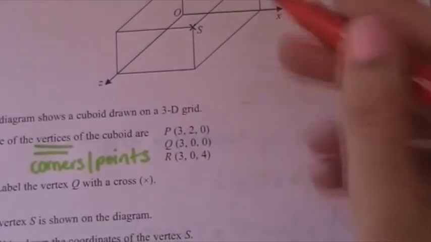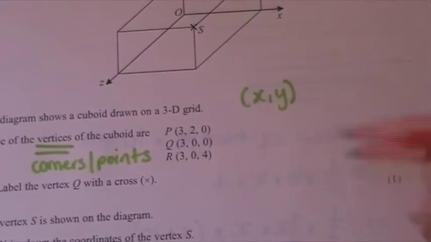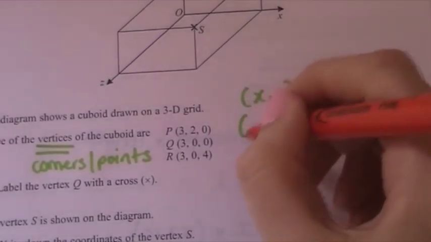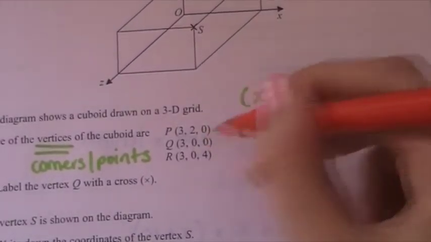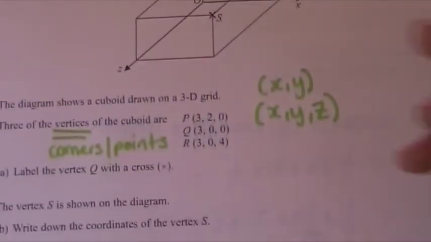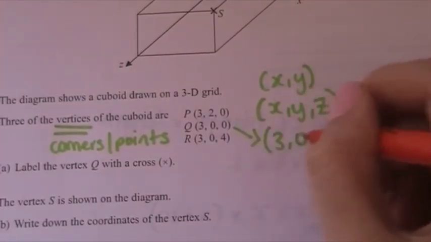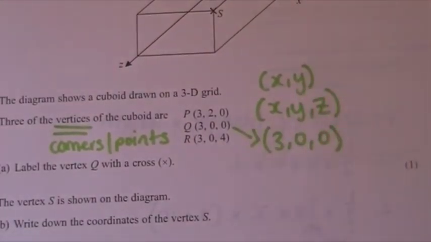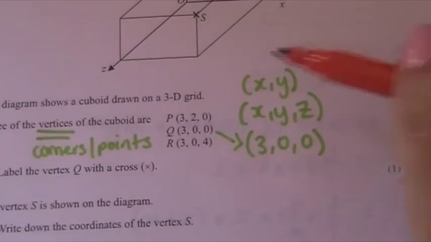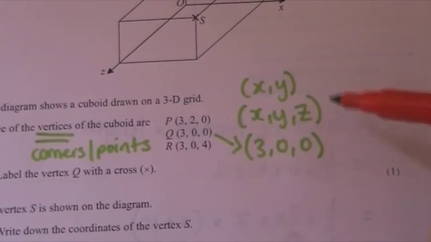So looking at these, most of us are probably used to the 2D coordinates looking like this. So we've got your x value and your y. All we've got here, we've still got x and the y, but we've also got a z, and that's what makes it 3D. So if we were focusing in on Q with these coordinates, it tells us that x is 3, y is 0 and z is 0.